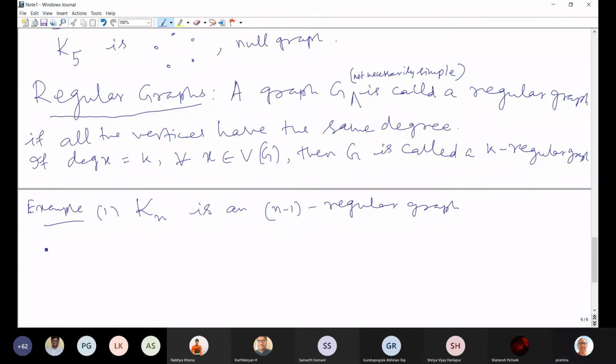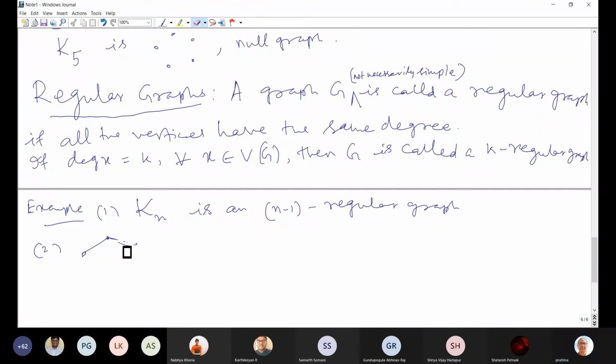We can also have another example. We can take parallel edges also.